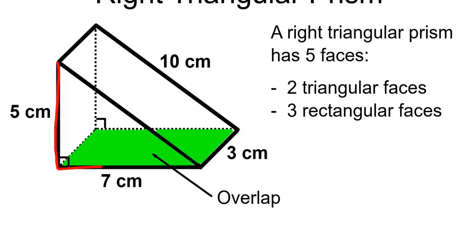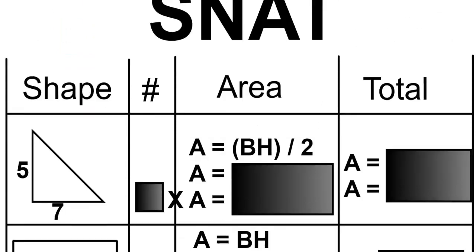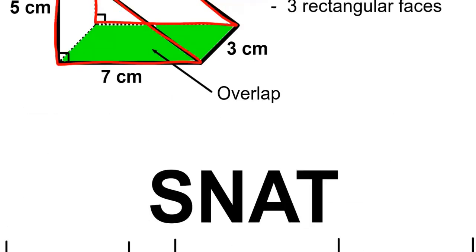So the first shape we'll start with is our triangle. And remember, there are 2 identical triangles, so we'll find the surface area of one and multiply by 2. The base of our triangle is 7 centimeters, whereas the height is 5 centimeters. And there again are 2 of them.